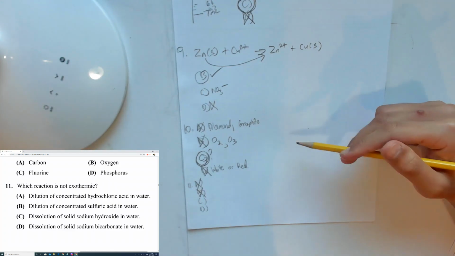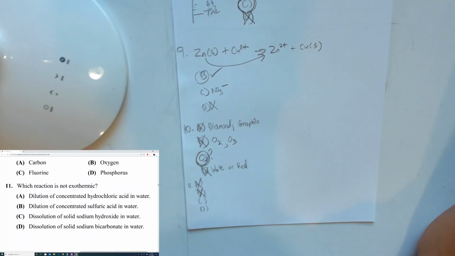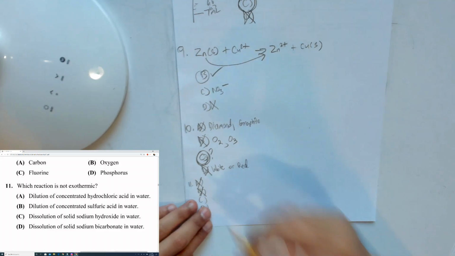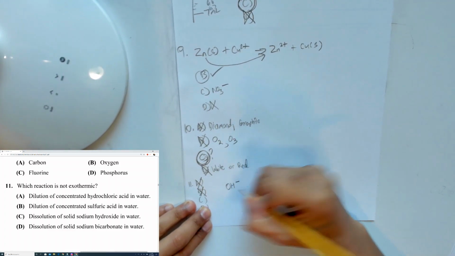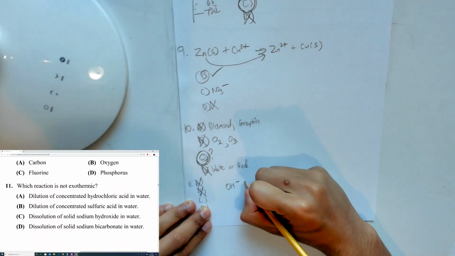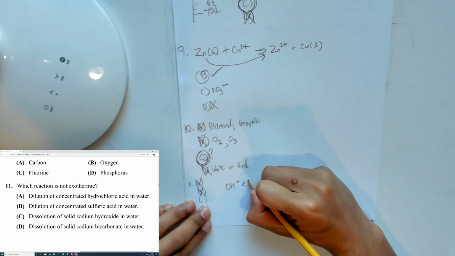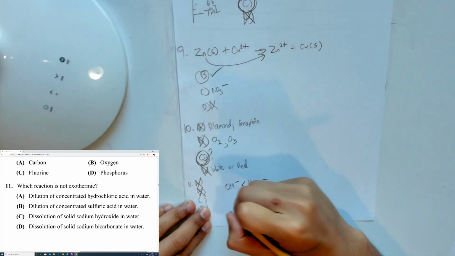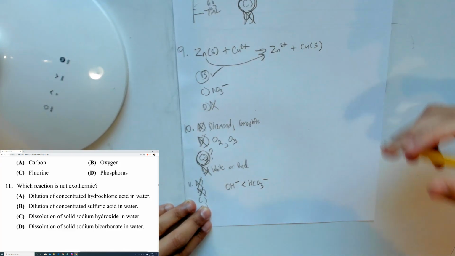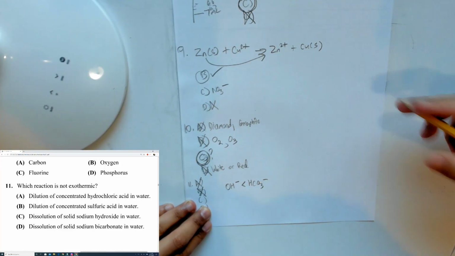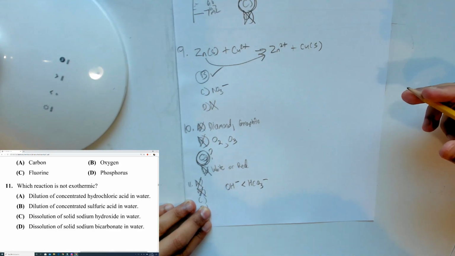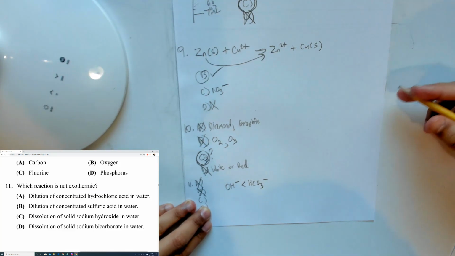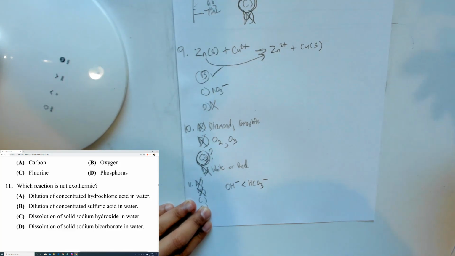Now, between C and D, you're going to be a little confused. Which one should I choose? But the thing is, by size. You see that the hydroxide ions are smaller in size than the bicarbonate ion, right? And due to the hydroxide ion's smaller size, it will have stronger ion-dipole interactions with water.